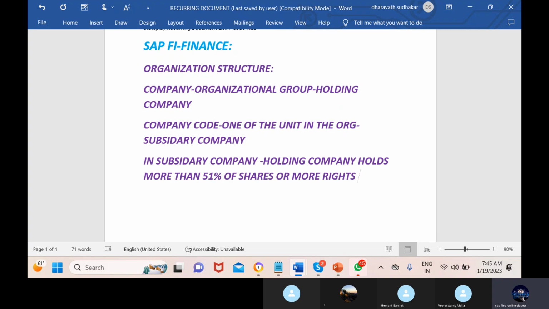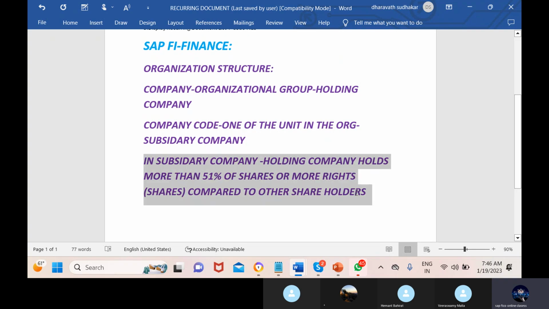More rights in bracket, shares, compared to others. It is contained in the subsidiary company, and we are mentioning that the holding company holds some percentage of shares or some percentage of rights in the subsidiary company.